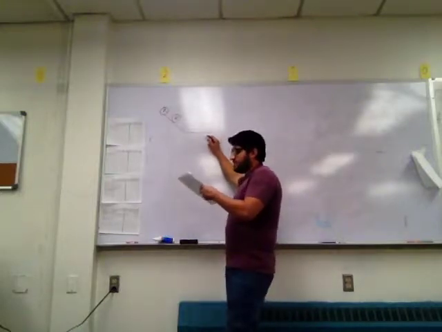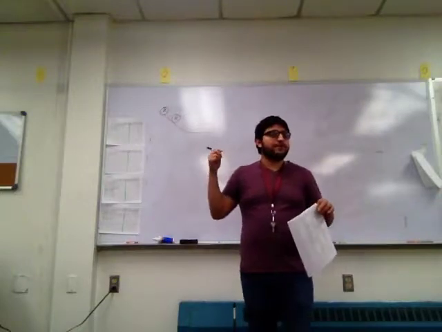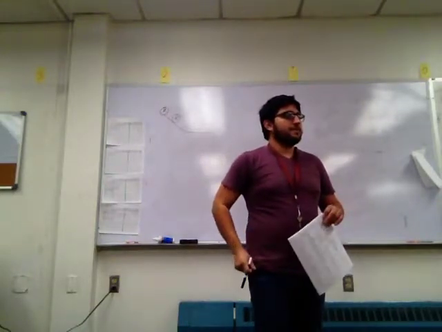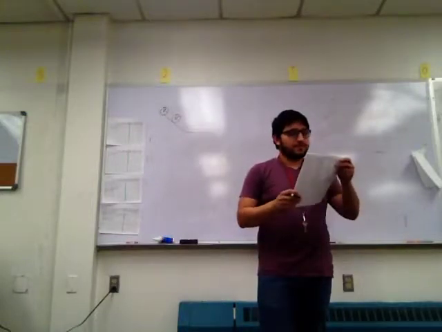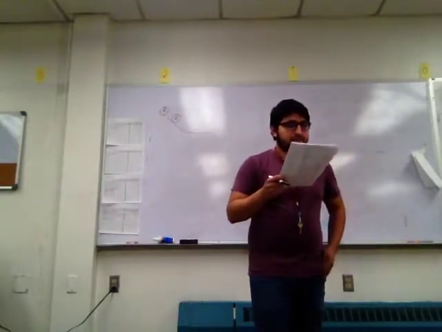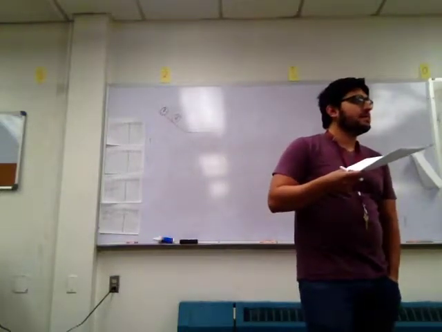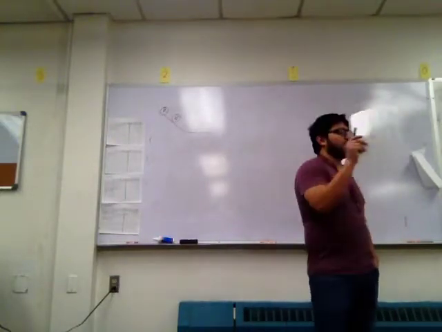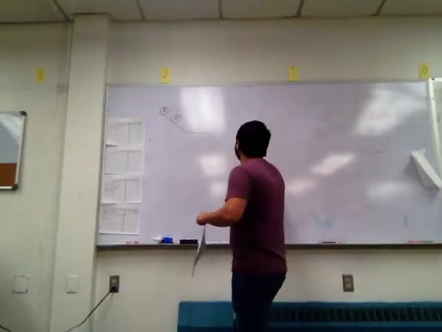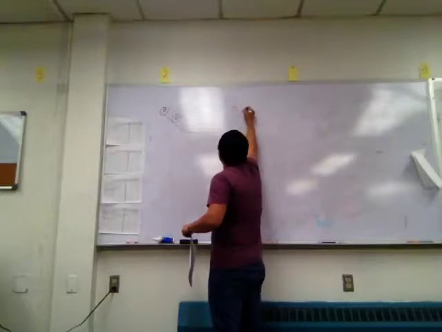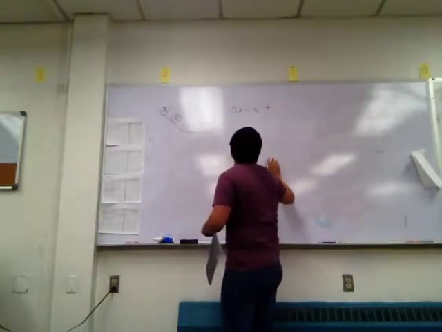Once they get here, the other question you could ask is which one will go farther. Well, they leave with the same speed. So what things affect how far it's going to go? If I want to know how far it's going to go, it's going to be v times t.